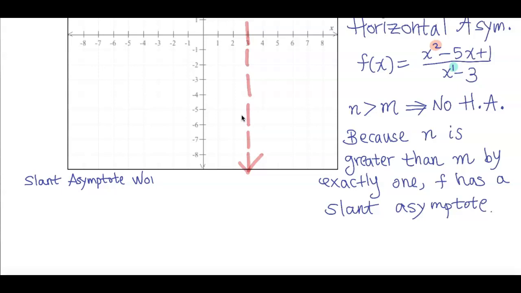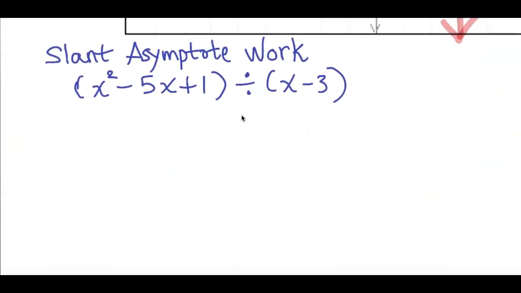I am dividing the numerator, x squared minus 5x plus 1, by the denominator of x minus 3. Okay, if I set up the synthetic division, I will have 3 in the little box. The coefficients are 1, -5, and 1.